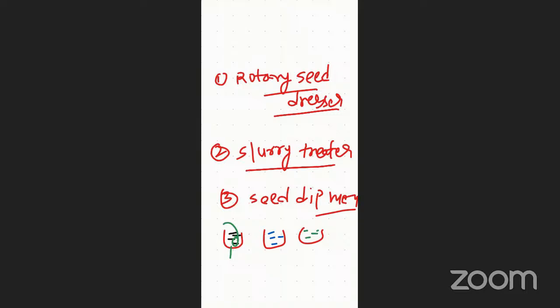That means if any pathogens are present in the seed, in osmotic priming we take the PEG solution and place the seeds in it. If there is any pathogen present in the seed, what happens? Plasmolysis takes place.